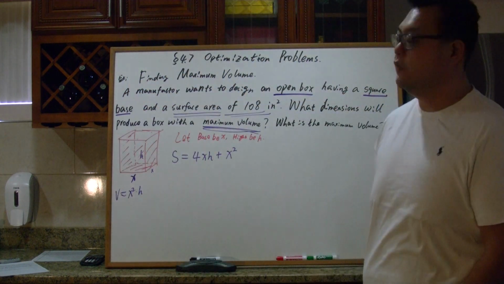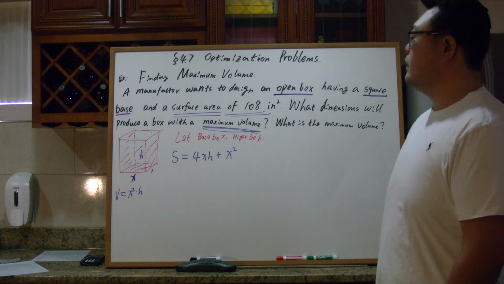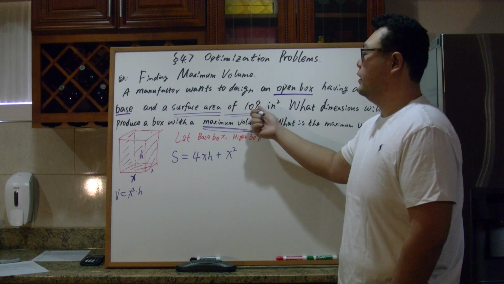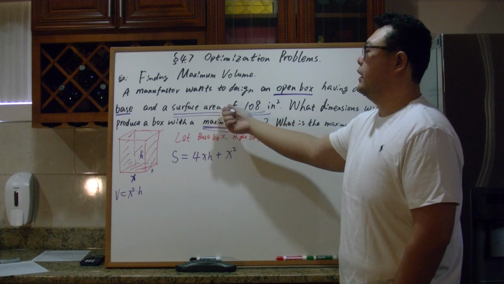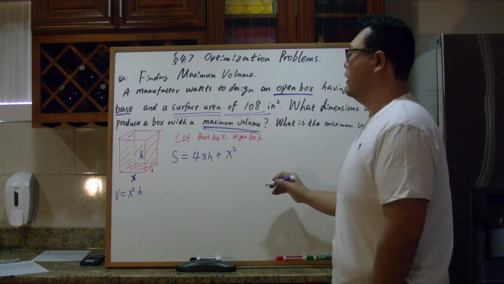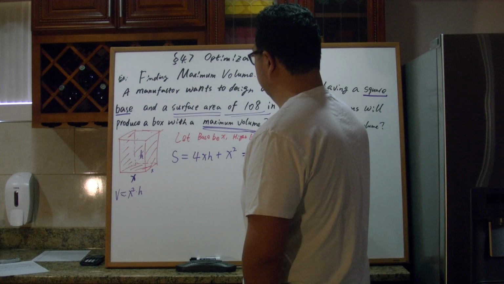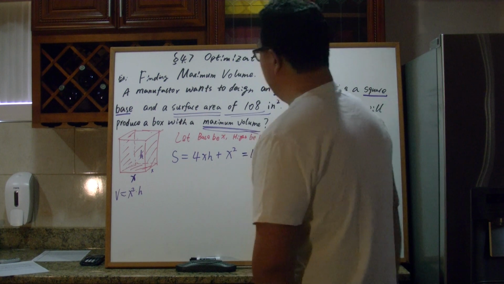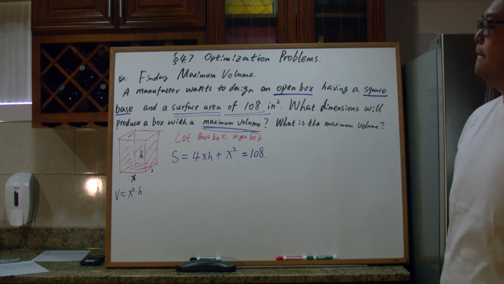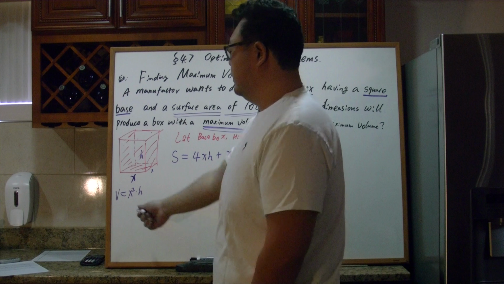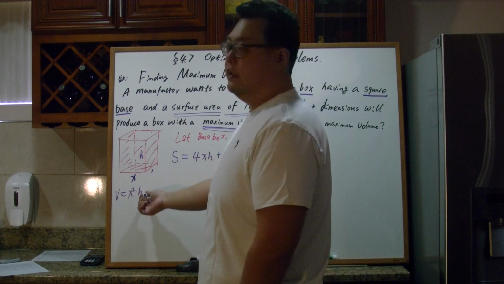We simply have two variables, but the additional condition says that the surface area is 108. So still, the volume is a function of x and h.